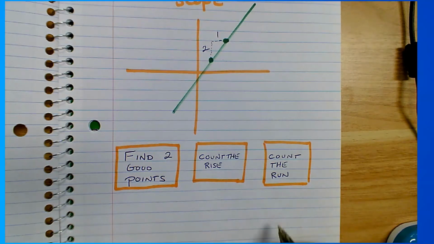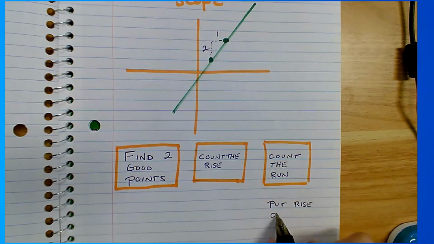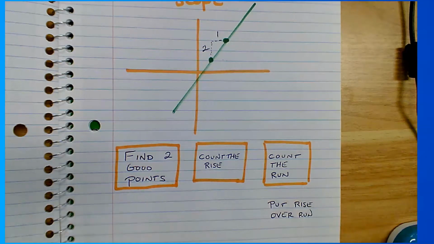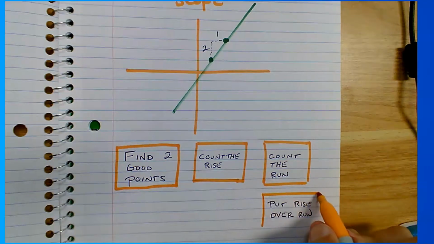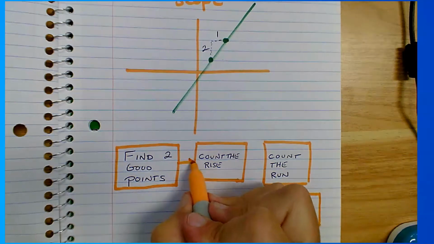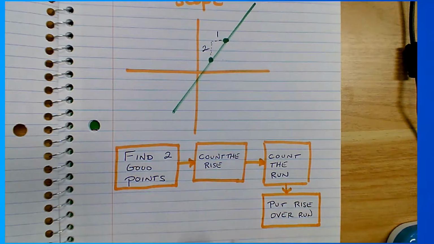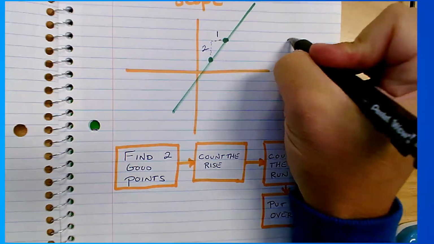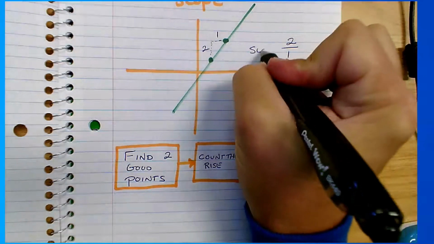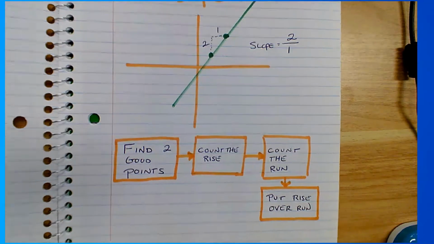Next, we'll put rise over run. So here we go. We're going to put rise over run. Rise of 2, run of 1. And we have the slope.